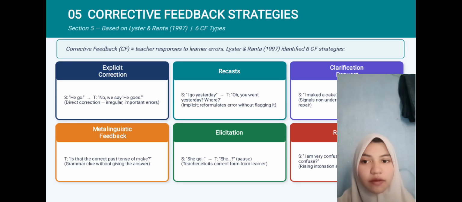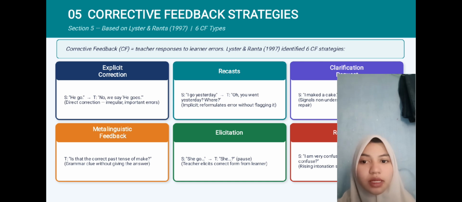And in the clarification request, the teacher signals non-understanding or that an error exists. For example, the student says I make a cat, the teacher says, sorry, you said you make? And then in metalinguistic feedback, the teacher gives a comment or question about the grammatical correctness.